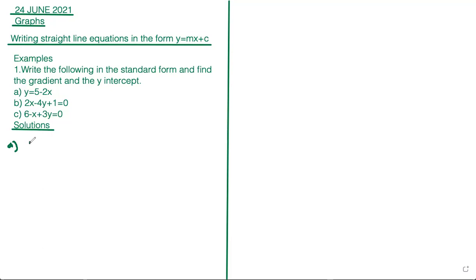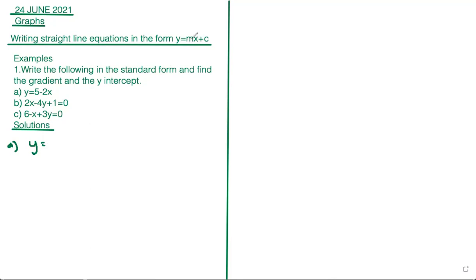So you just have to rewrite it in this form.